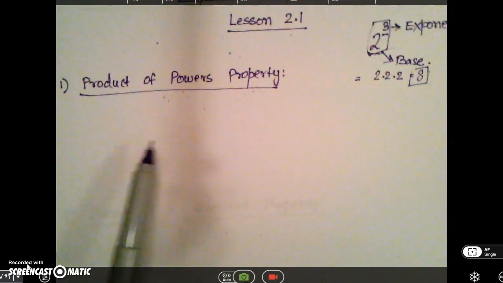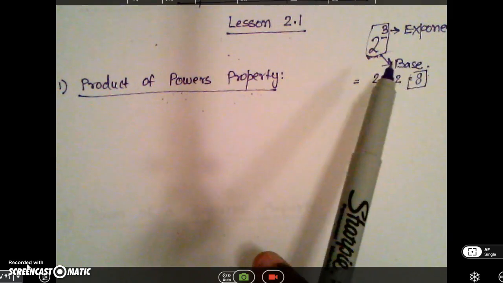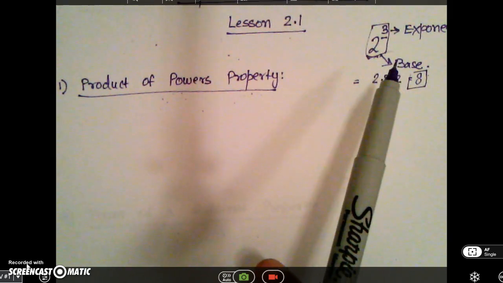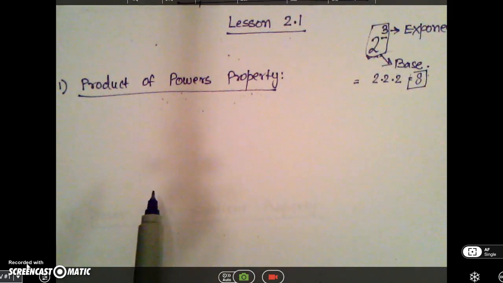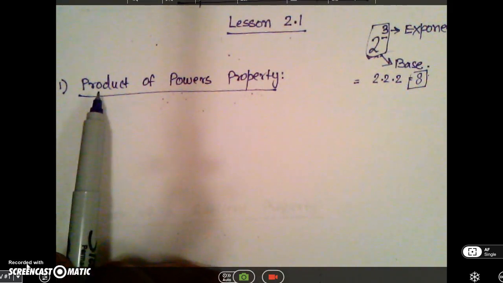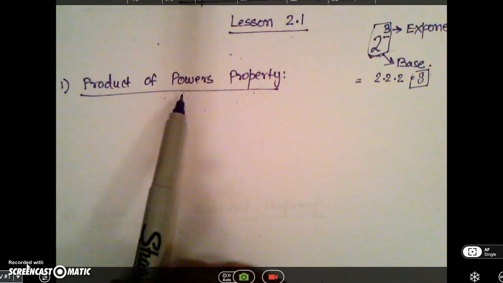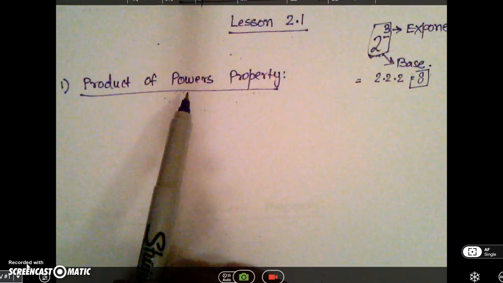So the properties of exponents basically involve applying this basic concept of exponent to make our problems simpler. The first property that we're going to look at is the product of powers property, meaning I have powers that have the same base.